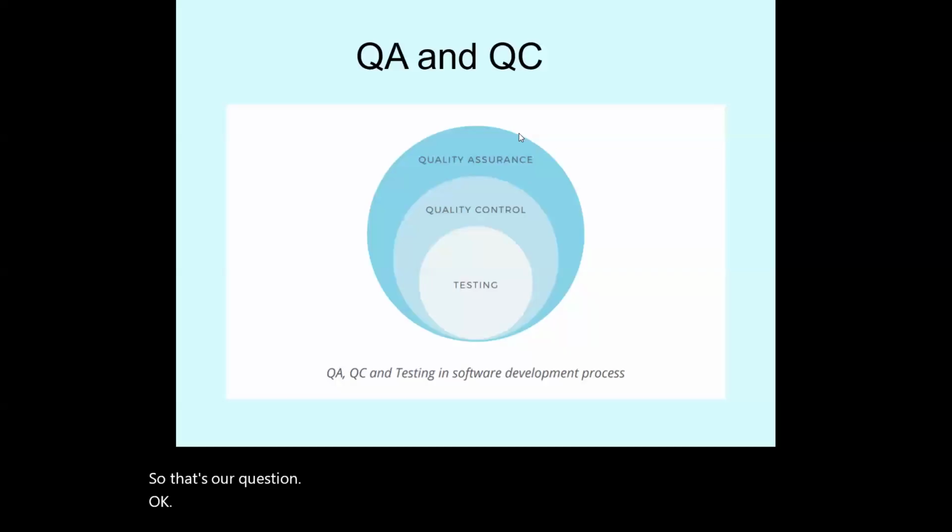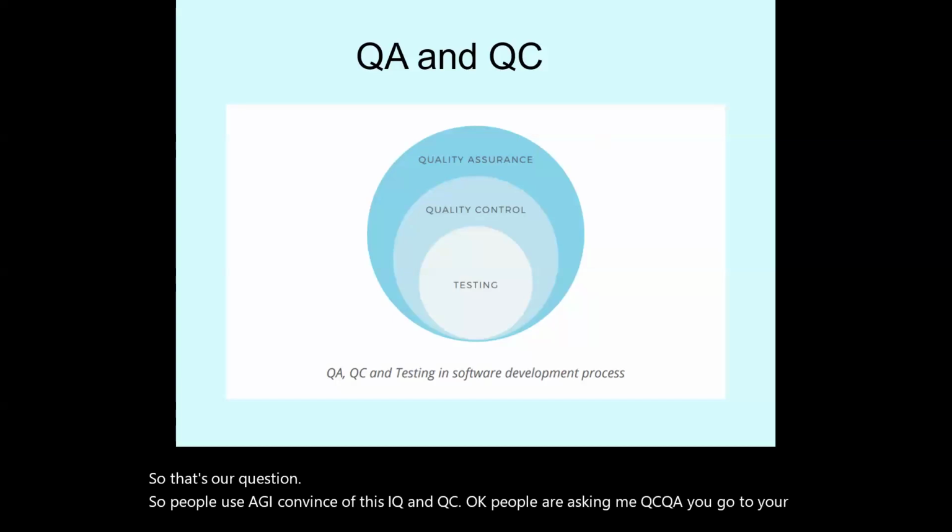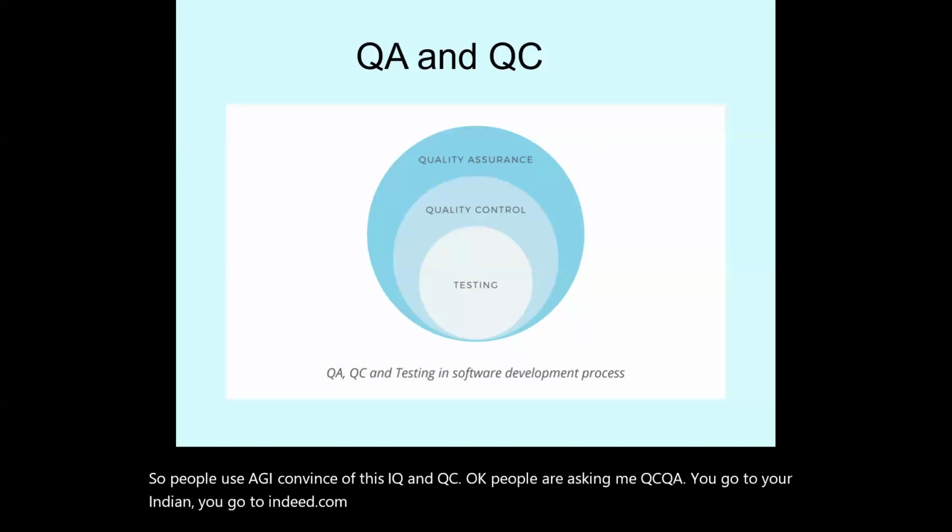So people usually get confused about QA and QC. People are asking me about QC, QA. You go to LinkedIn, you go to Indeed.com to search for jobs, and you can see people get confused. They say, what is QA? What is QC? You can see this is a subset.